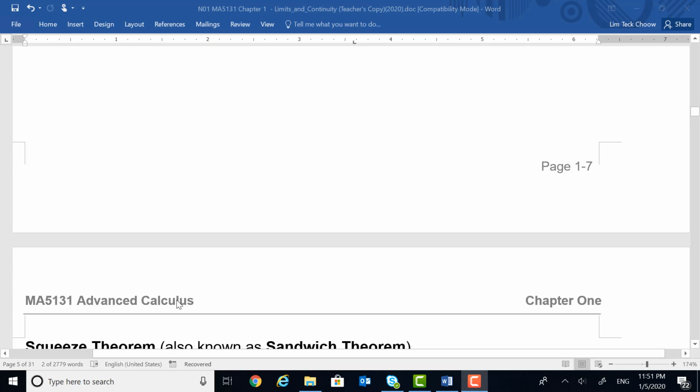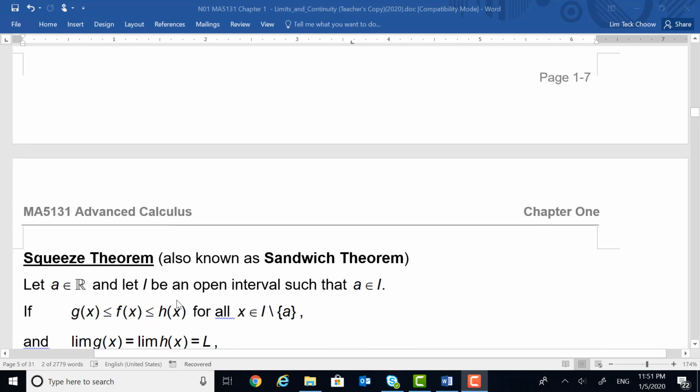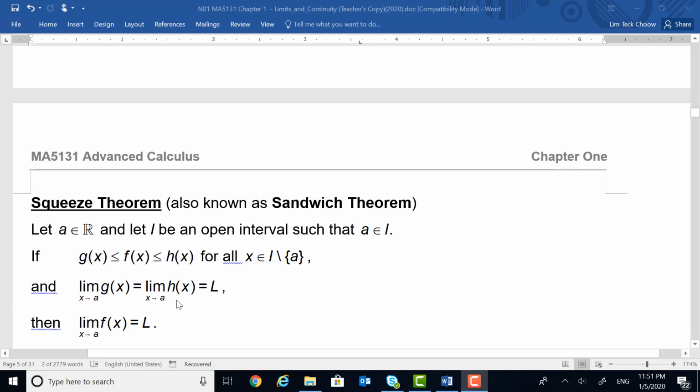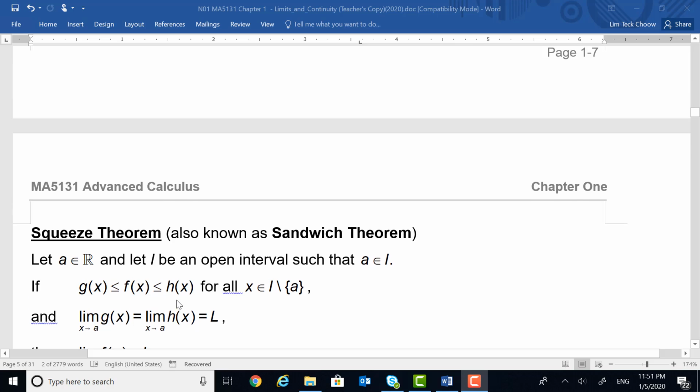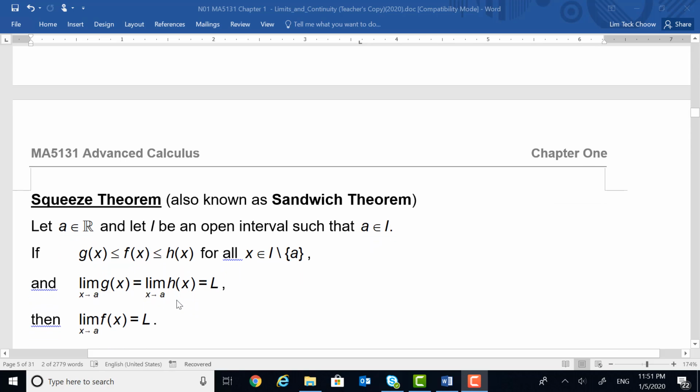To start off with, we are going to learn about the squeeze theorem. These are even more powerful results, where the earlier methods you have learned will be hard to use to evaluate some of the more complicated limits. So we can use the more powerful results such as the squeeze theorem.